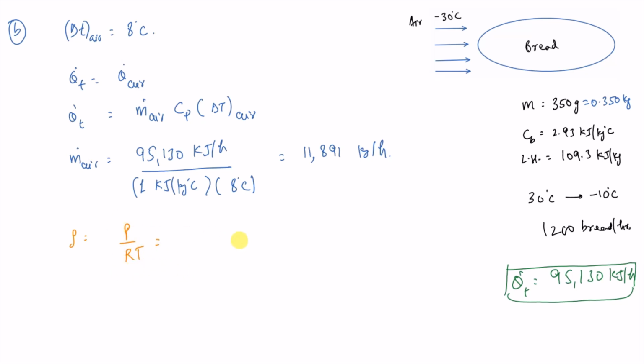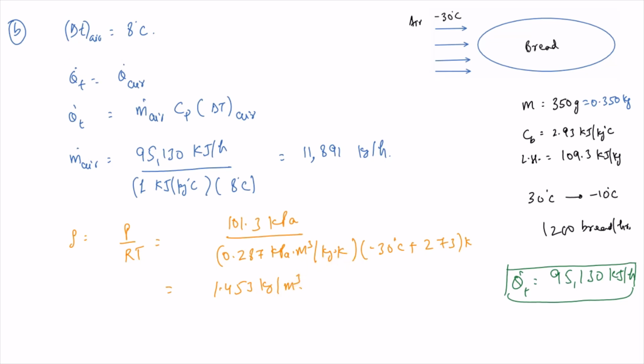So pressure is the atmospheric pressure, which is 101.3 kilopascal, divided by R, which for air is 0.287 kilopascal meter cube per kg Kelvin, times temperature, which is minus 30 degrees Celsius, and if we convert this into Kelvin, we have to add 273 to it. So from here we'll get the density as approximately 1.453 kg per meter cube.